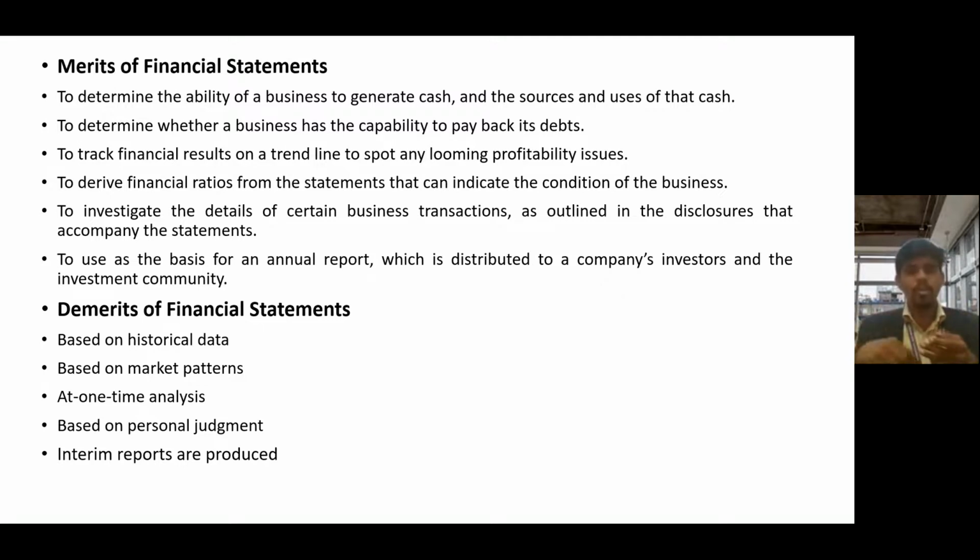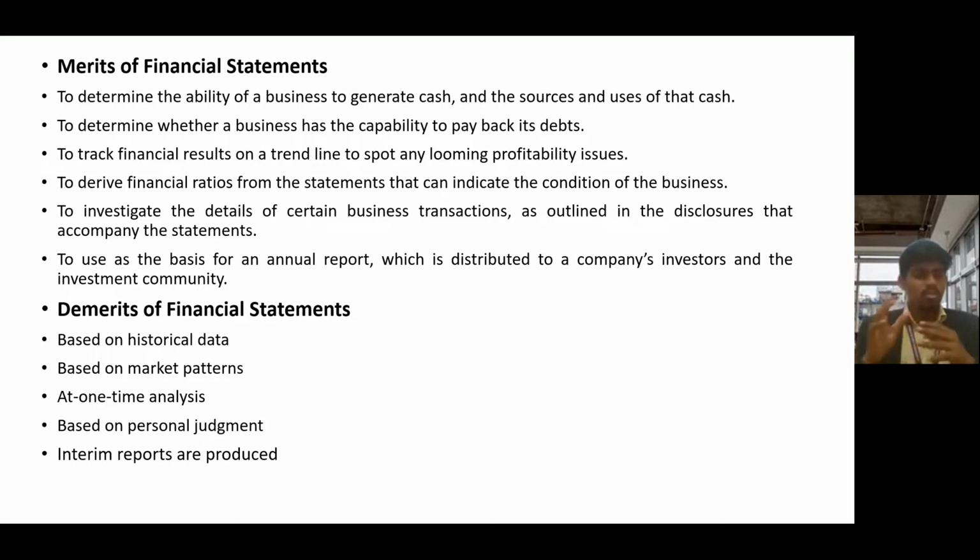For example, if you did a reimbursement and have a doubt about it, you can investigate how you did it, what the criteria and necessities are, and what documents support it. It is also outlined in the disclosures that accompany the statements, which give the proof of how you disclose those business transactions.